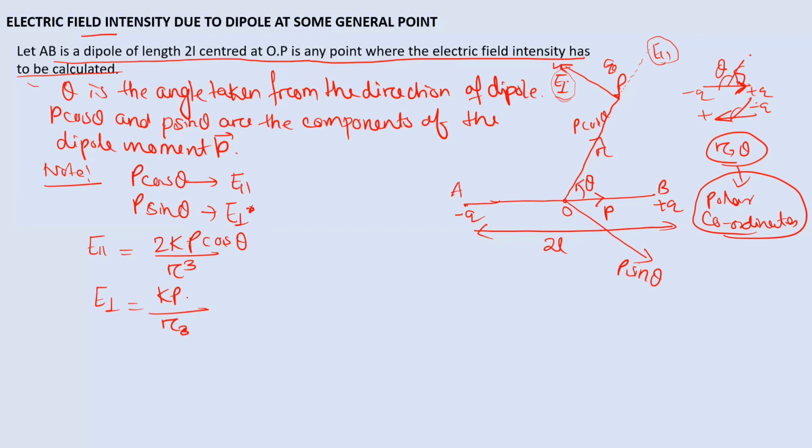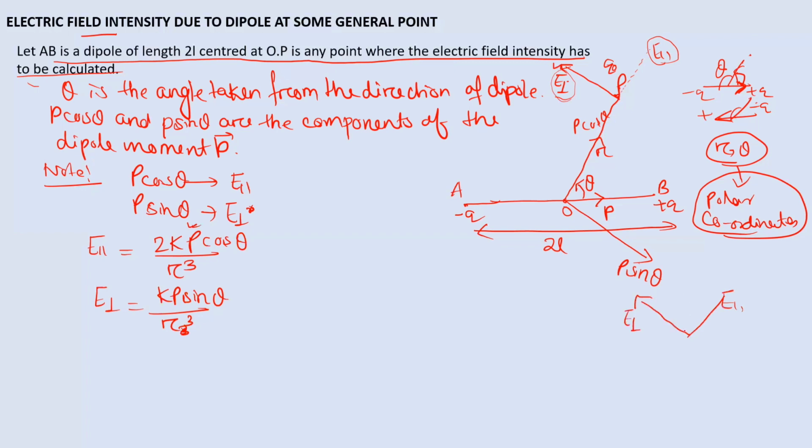So here what you will have, P sin theta. That means E parallel has the dipole component P cos theta. E perpendicular has P sin theta. So this dipole is written for parallel P cos theta and perpendicular P sin theta. All right. Now if you see here, this is your E parallel and this is your E perpendicular.